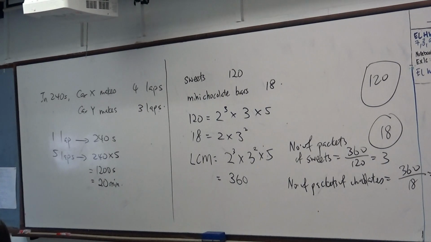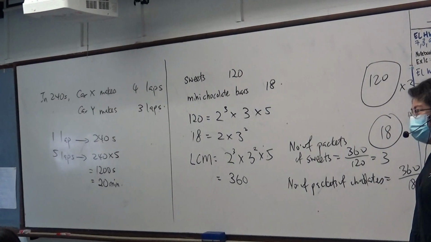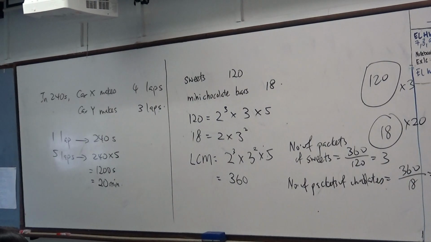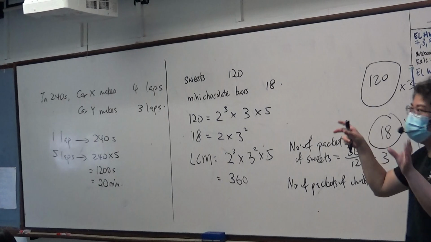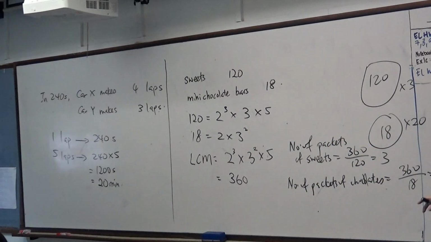Is it 20? Yes. Now, can you see that when I buy 3 packets, I'll get 360. When I buy 20, I'll get 360. Understand now? This is what I mean by equal number of sweets and mini chocolate bars. Are you okay now?